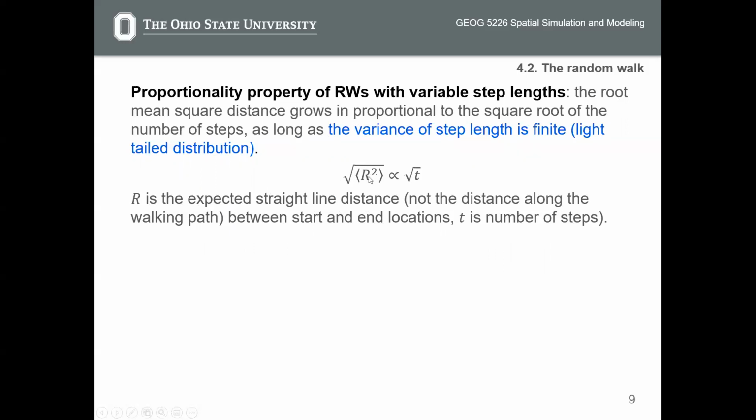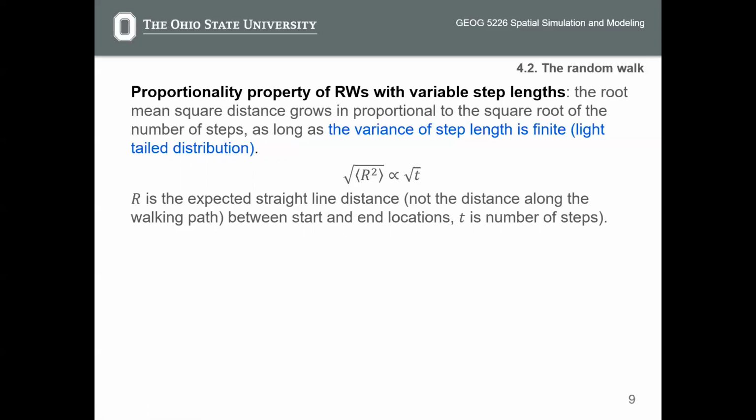The root mean square of the distance between start point and end point is correlated with the square root of time. Time here is actually equal to step, because after each tick, there is a step.